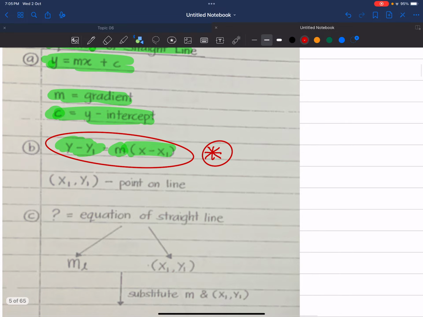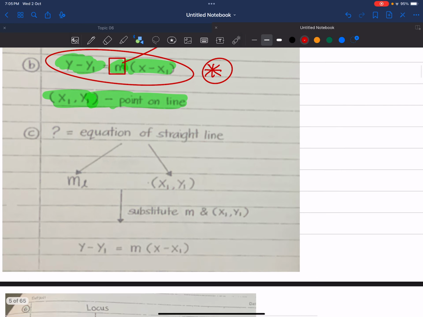Here, x1 and y1 must be a point on the line, and of course, m is the gradient.